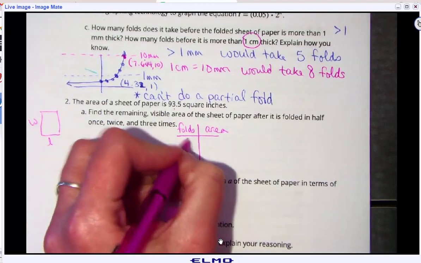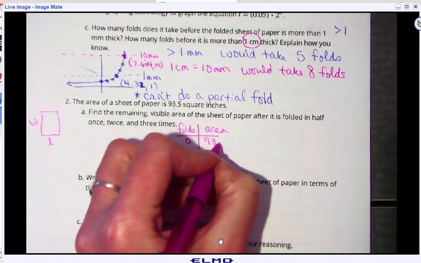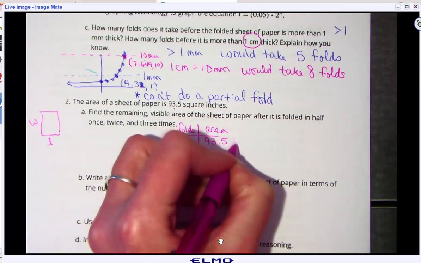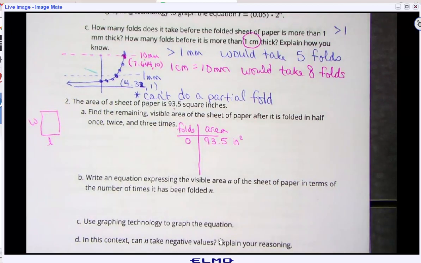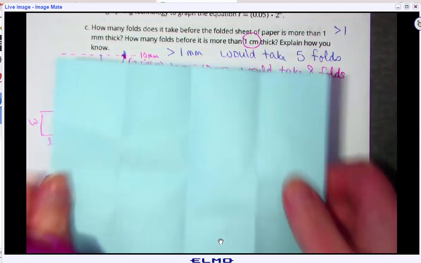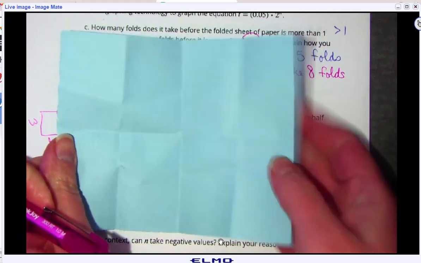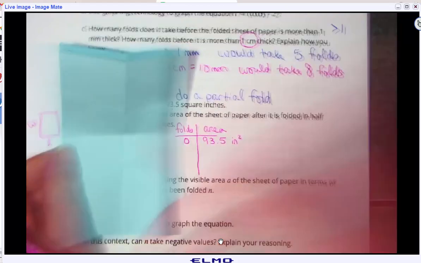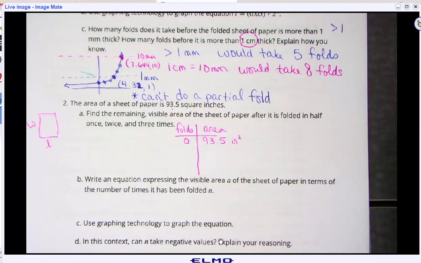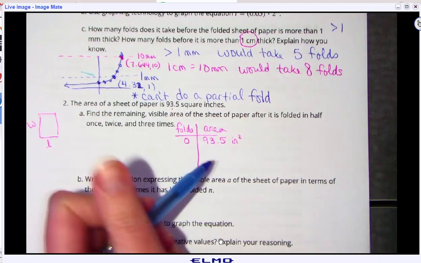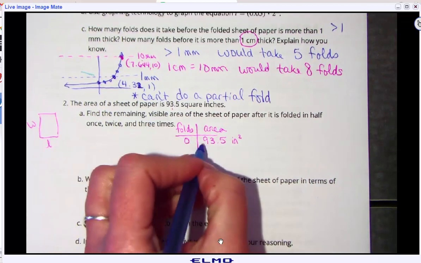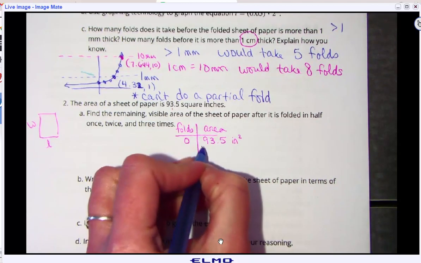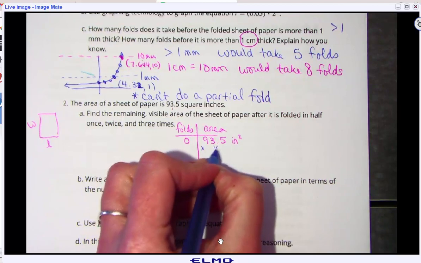And so with 0 folds, we have 93.5 square inches. And as soon as we fold that piece of paper in half, whatever size that it is, if we're looking at the visible area of a piece of paper, if we fold it in half, the area cuts in half. So I'm going to use that 93.5 inches, and I'm going to multiply it by 1/2.